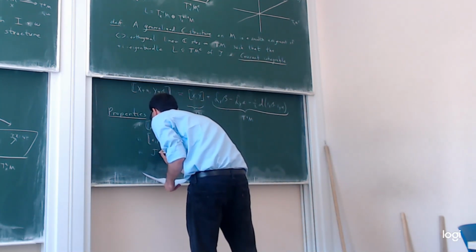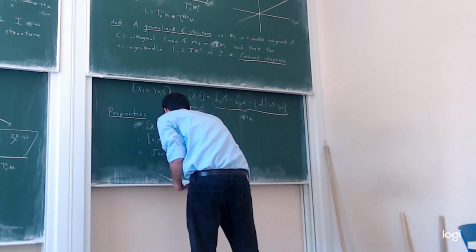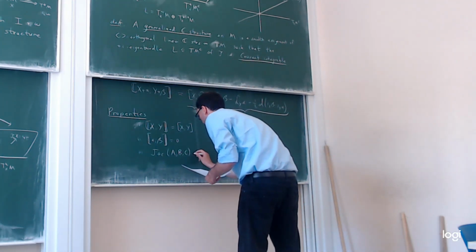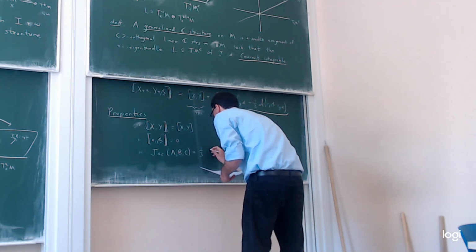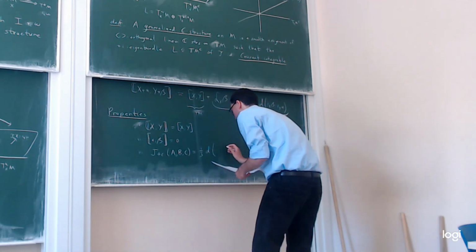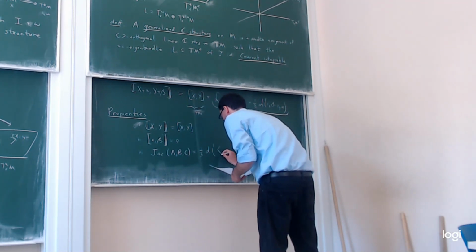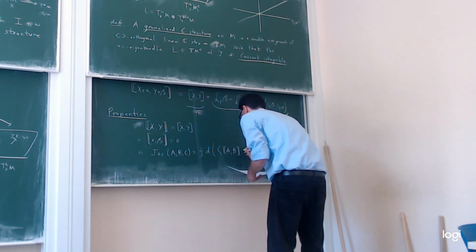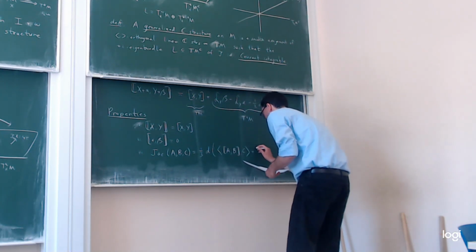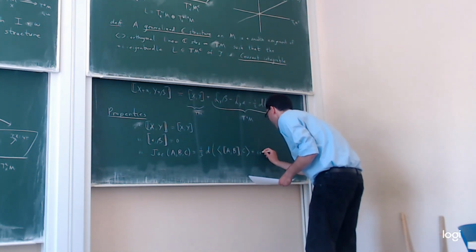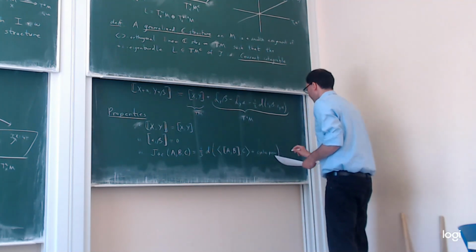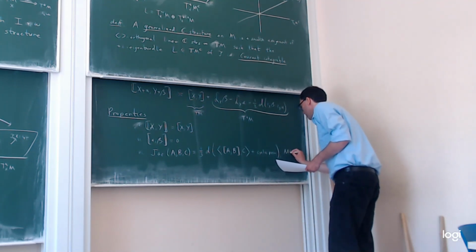So the Jacobiator of sections A, B, and C of the extended tangent bundle is 1/3 of the exterior derivative of the following expression, summed over cyclic permutations.